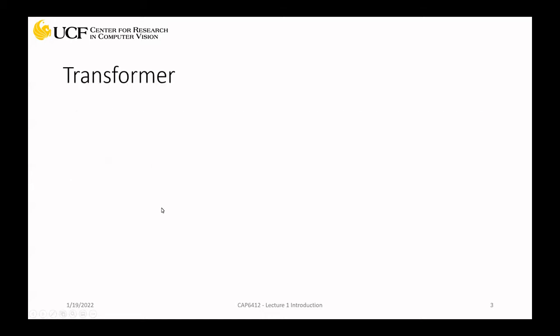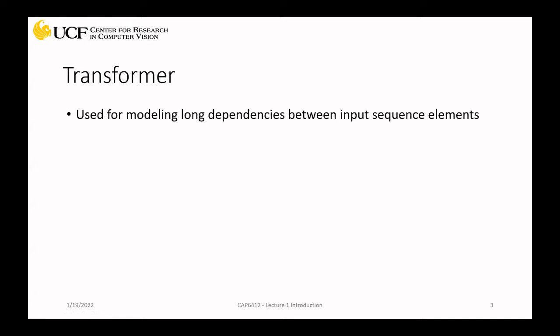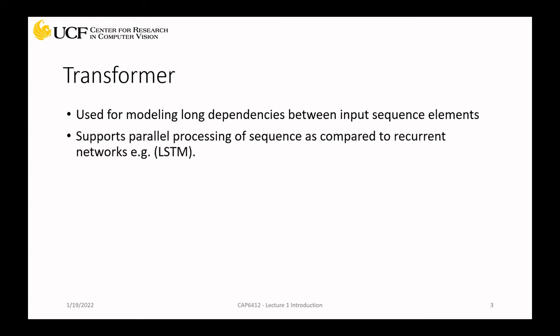Okay, so transformer essentially is used for modeling the long dependencies between input sequence elements. It supports the parallel processing of sequence. So in a way, LSTM will process a sequence in a recurrent network, but the main difference is that the transformer we can do in parallel.